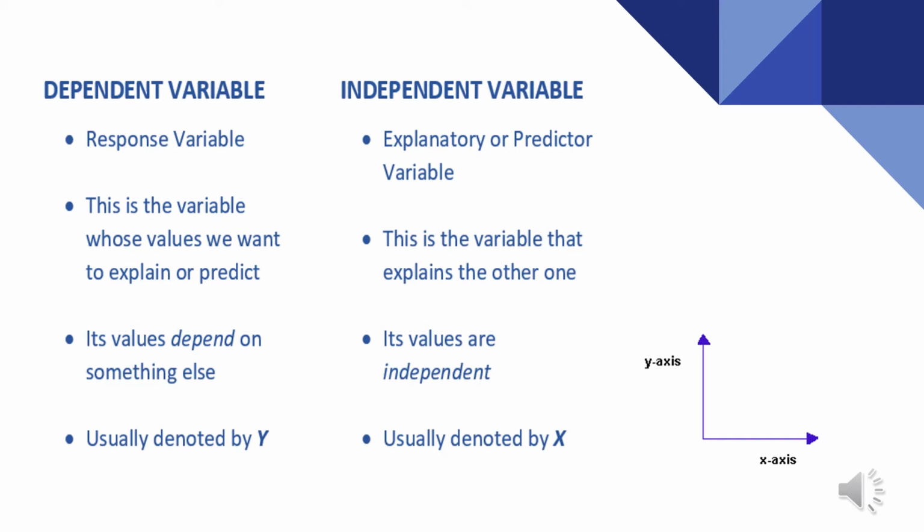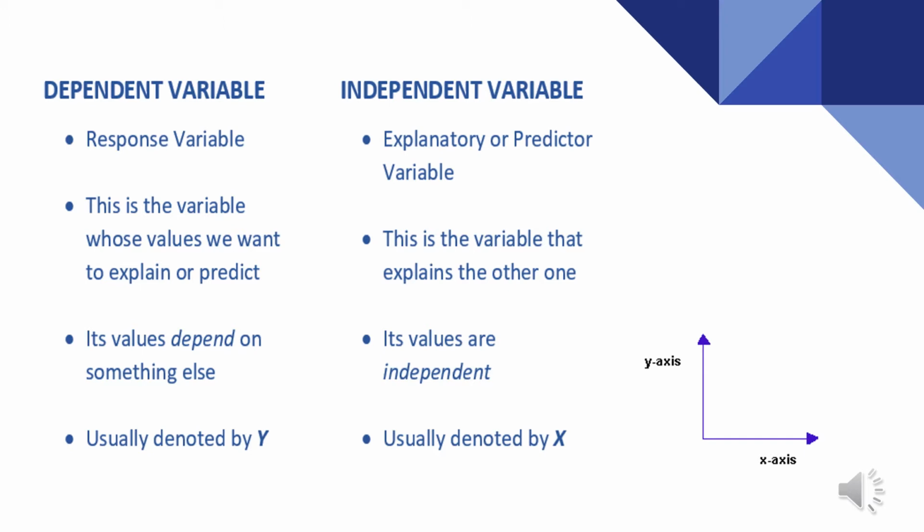The other one is the independent variable, or the explanatory or predictor variable. This is the variable that explains the dependent variable. Its values are independent as the name implies, and it is usually denoted by x.